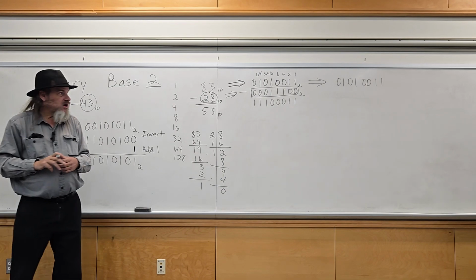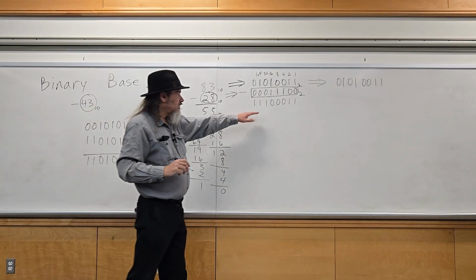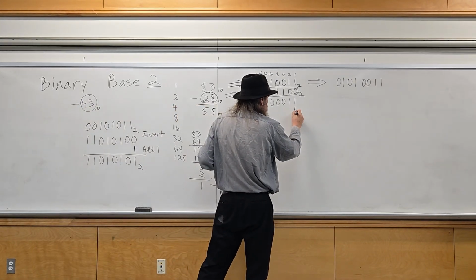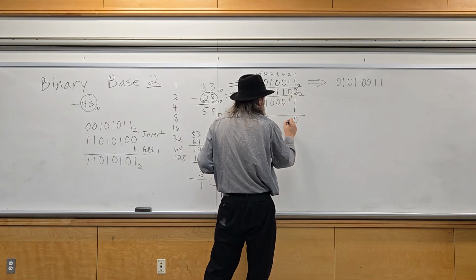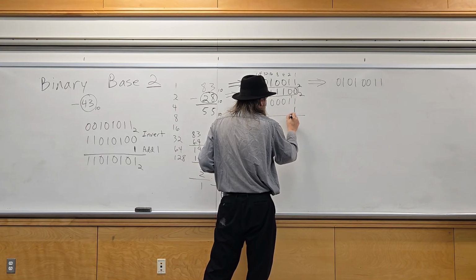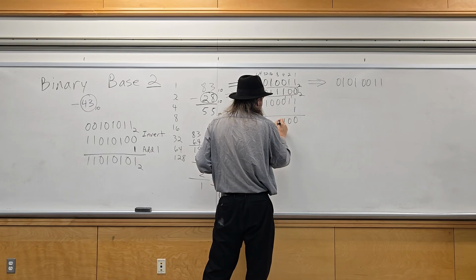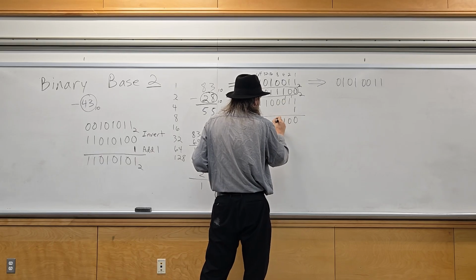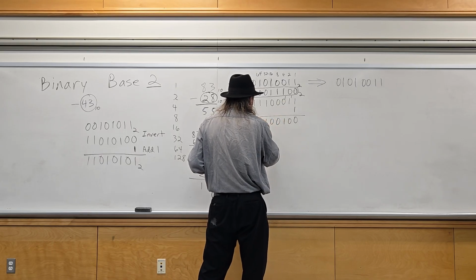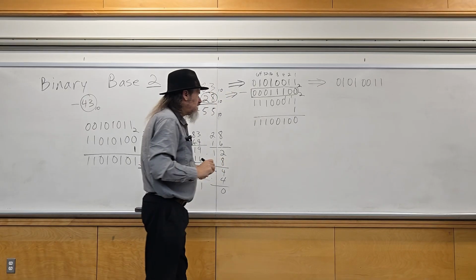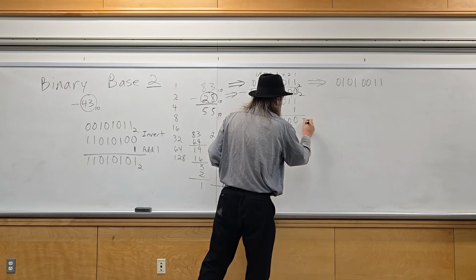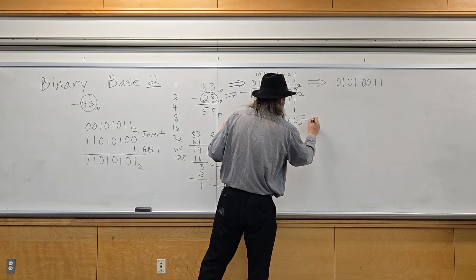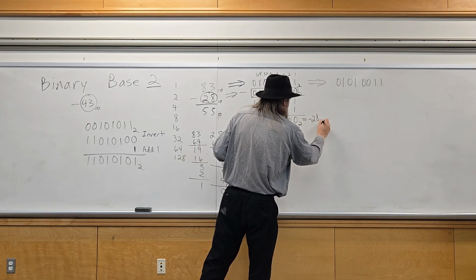Okay? So you invert, and then you add 1. So that's 1 and 1 is 2, 0, carry the 1. 1 and 1 is 0, carry the 1. 1, and then 0, 0, 1, 1, 1. So that is equivalent to minus 28 base 10.